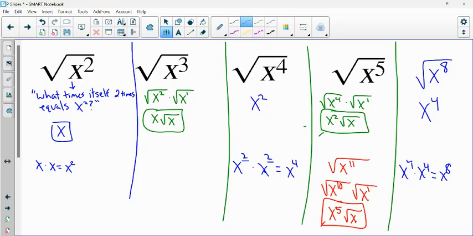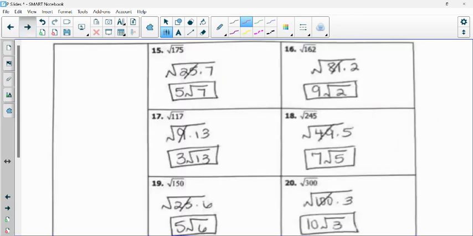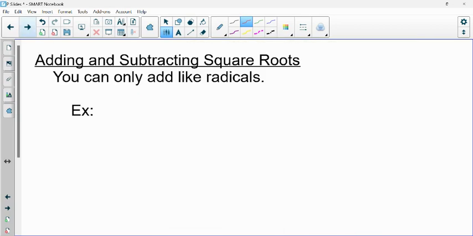Right? All right, once you have that, we're going to talk about adding and subtracting radicals. Okay, so that's our next title, adding and subtracting square roots. And the key to that is that you can only add like radicals.